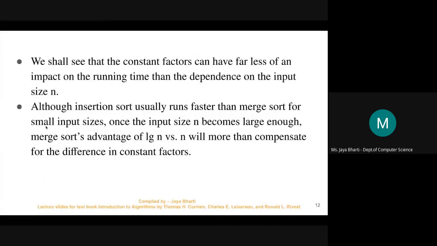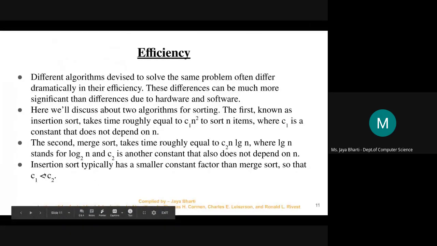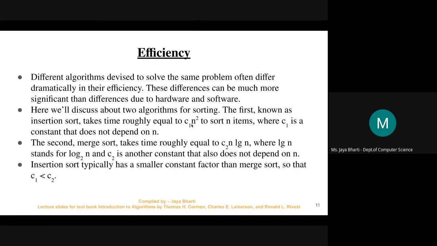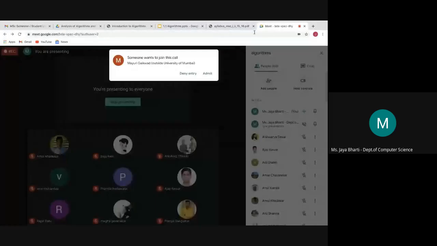Now we know that the constant factor is not going to affect the whole running time. Whatever the values of C1 and C2, they are not going to affect it, as we can see it is n square and n log n. So we can write n square and n log n as C1 times n, but the board is not there, so I will try to.